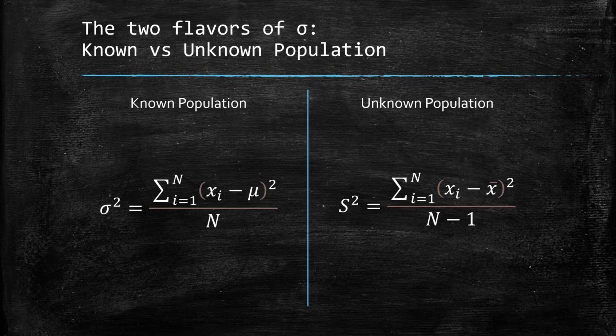Now, more often than not, you are going to be using the unknown population. And something you'll see on the unknown is that in the denominator, we are subtracting 1. You might be asking yourself, why are we subtracting 1? Well, whenever you're dealing with samples, you are dealing with a subset, right? You're picking a little bit of the whole to hopefully get something that's representative of the whole.